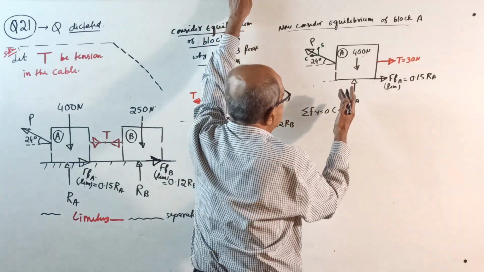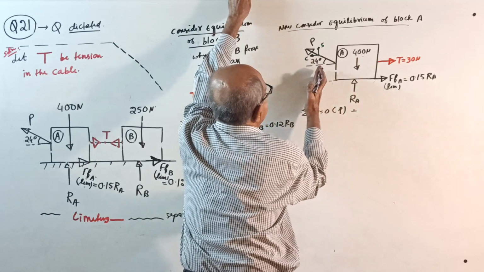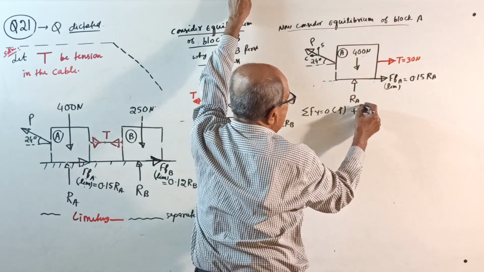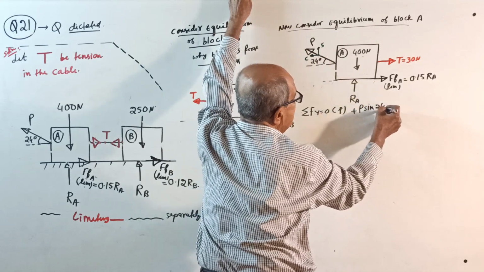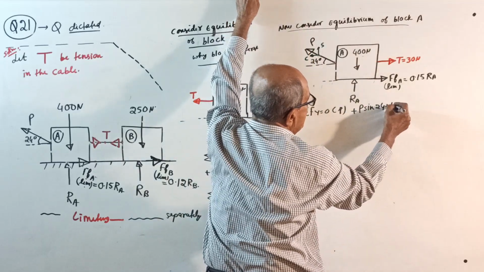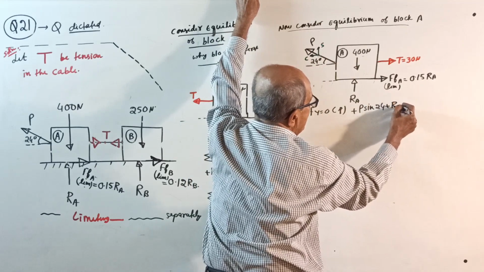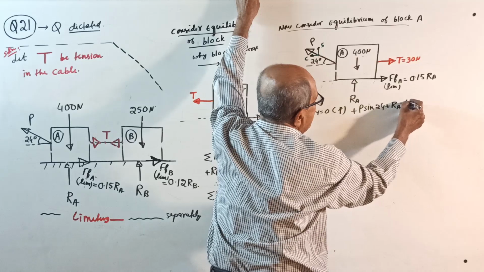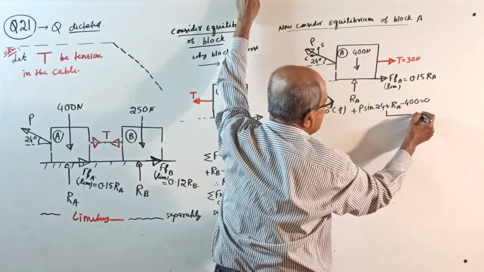Upward positive, plus P sine 24, plus RA, and then minus 400 equal to 0. You call this equation number 1.